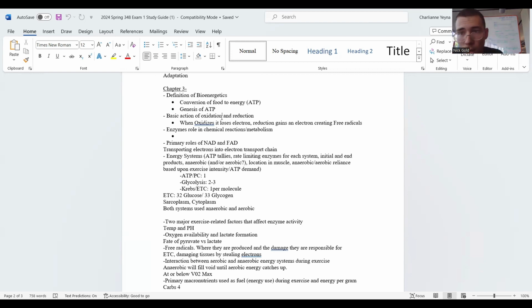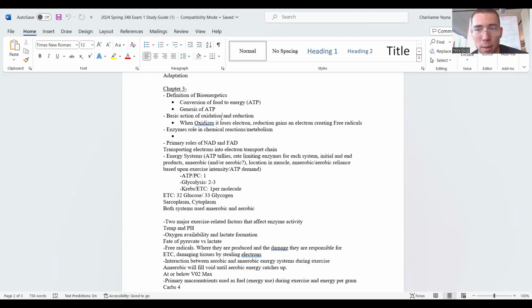So oxidation, you can think of it as losing an electron, and I'm not sure about the hydrogen ion, but it also is in there somewhere. Oxidation is a loss of an electron and also either a loss or a gain of hydrogen.